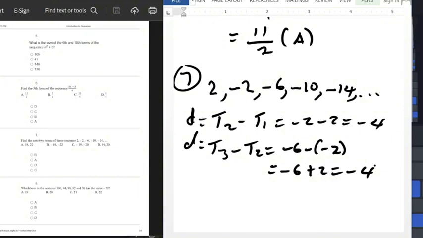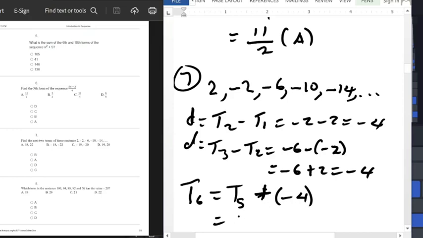So minus 14, then minus 4. That is the 1st, 2nd, 3rd, 4th, 5th term, so we are looking for the 6th and 7th. T6 equals T5 plus minus 4, which is minus 14 minus 4, which is minus 18.